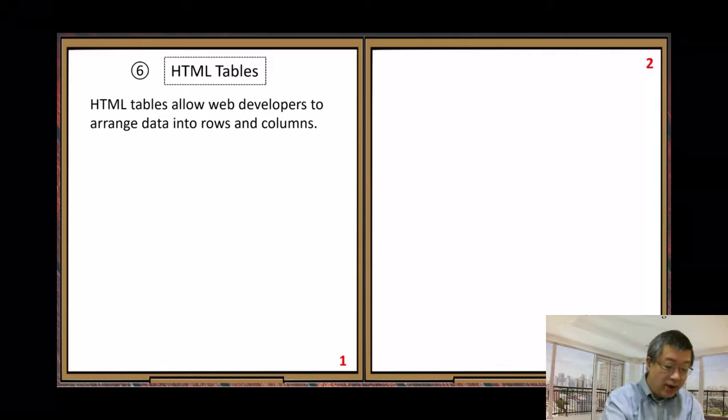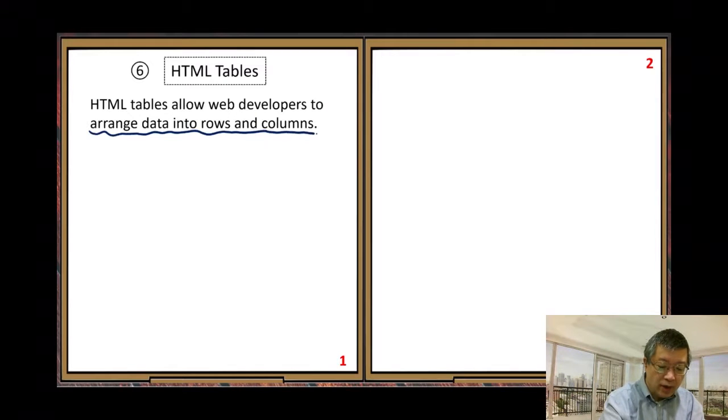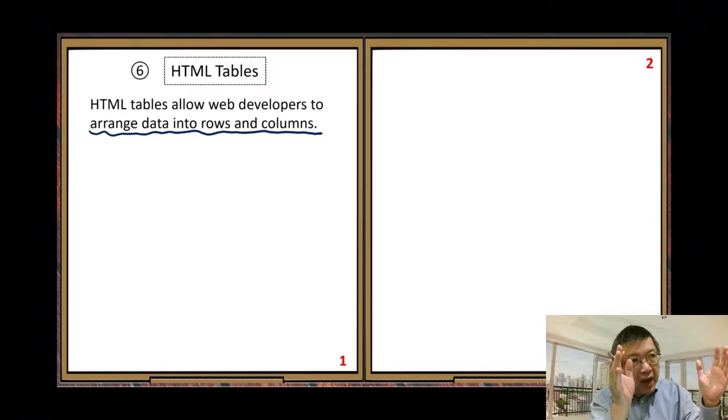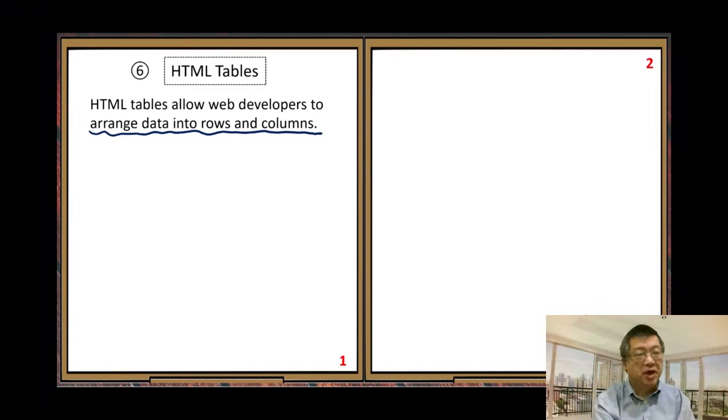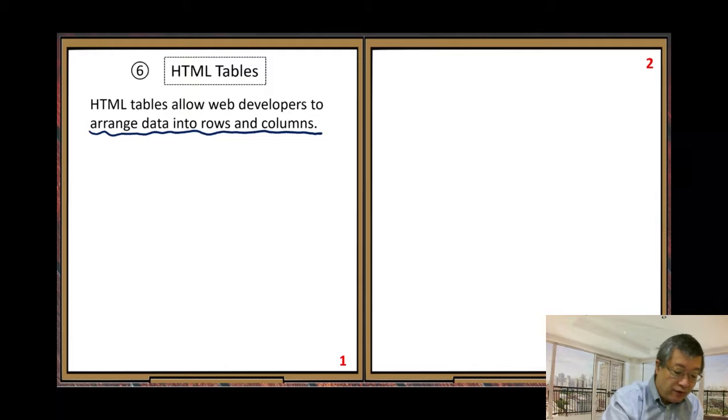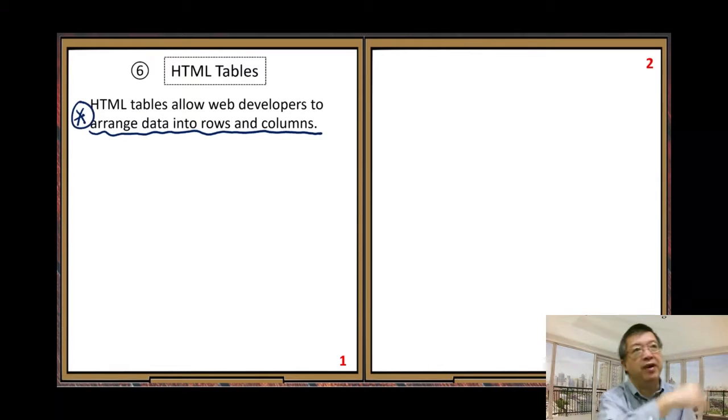So look at the main usage of this element: arrange data in rows and columns. So you can imagine how important it is, right? From this description, you can already see it is very useful.